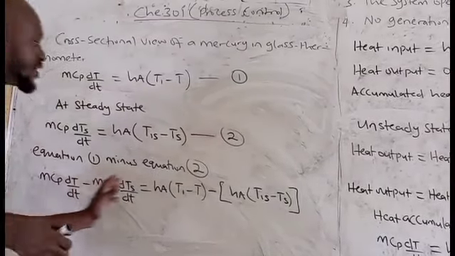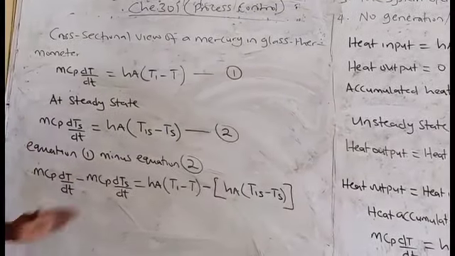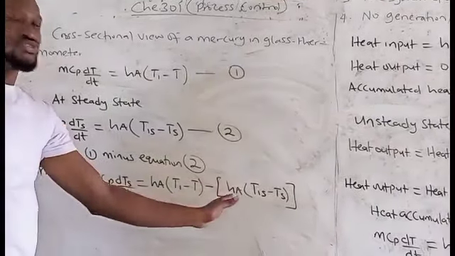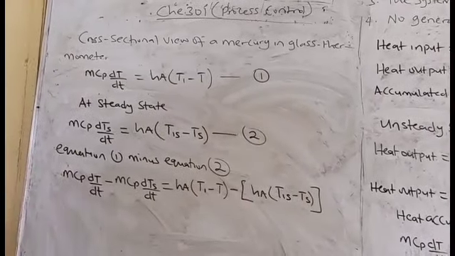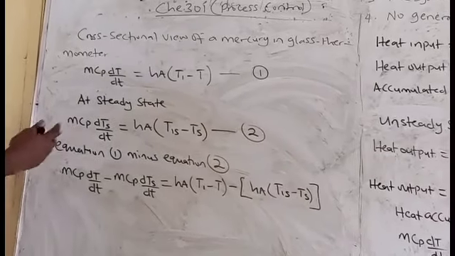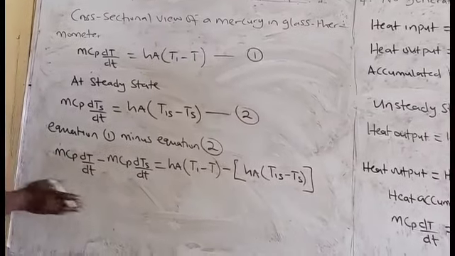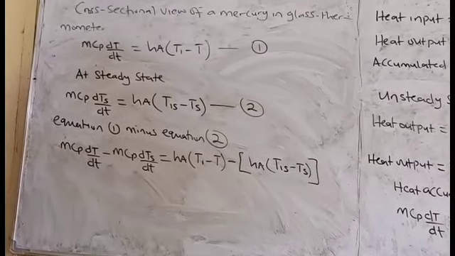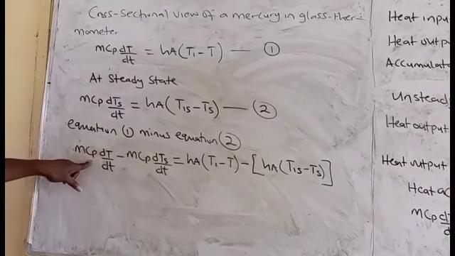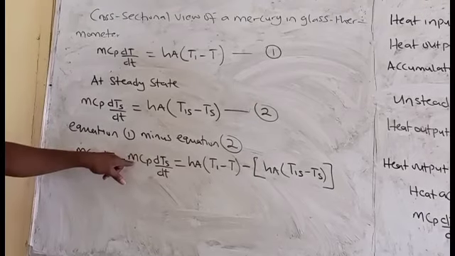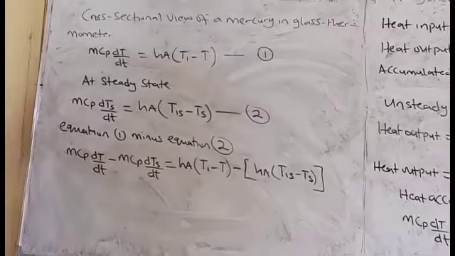So what I'm going to do next is that I'm going to factorize this one and then open up this bracket with this minus sign here, and then collect like terms. From here I'll see that something is constant here. I have MCP d over dt here. I also have MCP d over dt also constant. So I'm going to bring it out from the bracket.